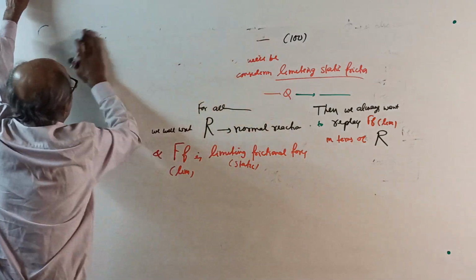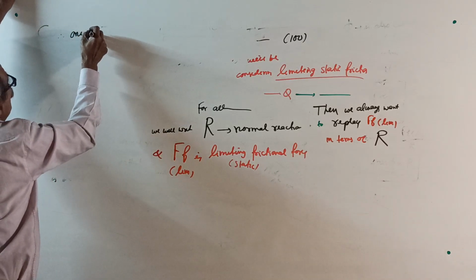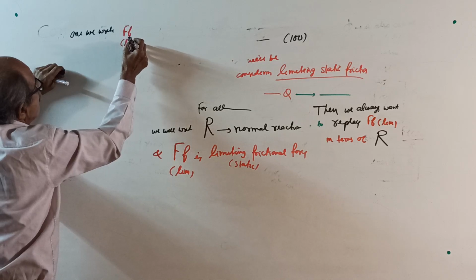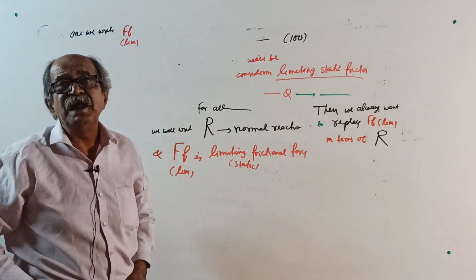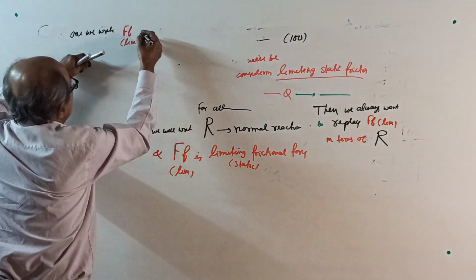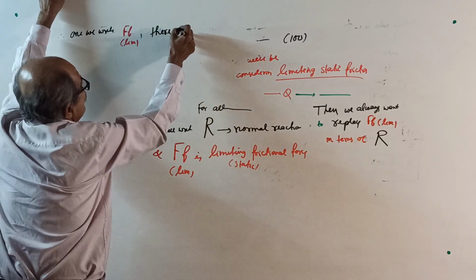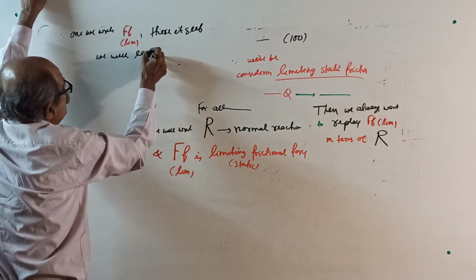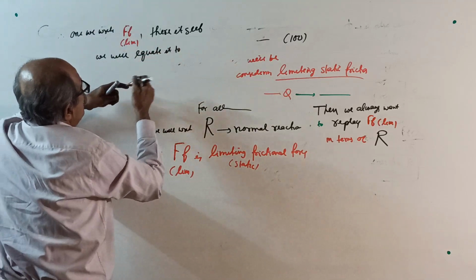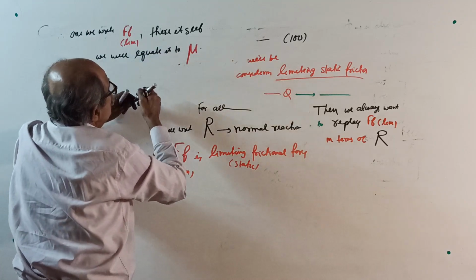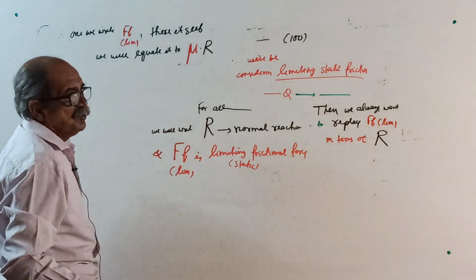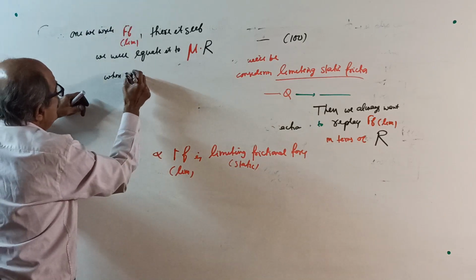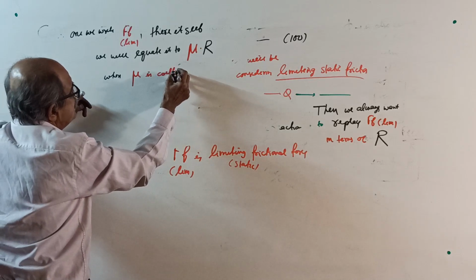Therefore, once we write FF limit, remember, this is for all FF limit I told, there itself we will equate it to mu into normal reaction, so that the unknown is only R. Mu into normal reaction, where mu is the coefficient of friction.